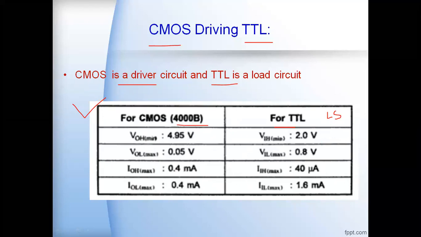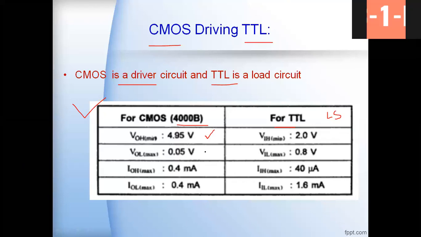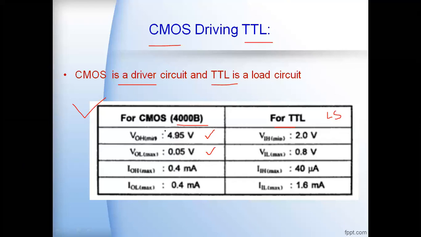So now, if you see here, the output high state value and the output low state value of the CMOS can easily handle the TTL high input voltage and TTL low input voltage here, because the output of the CMOS is applied as the input of the TTL.